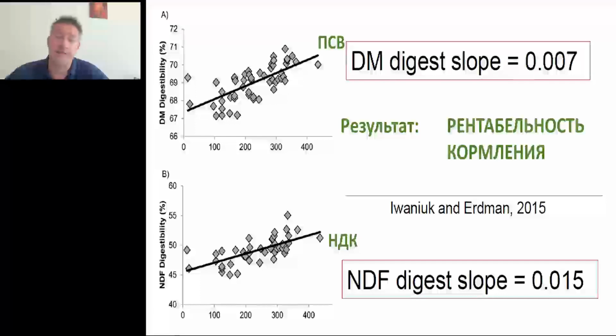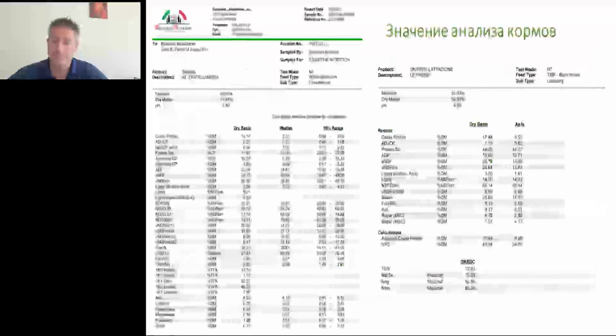NDF, neutral detergent fiber digestibility, also increases when we increase the DCAD of our ration.